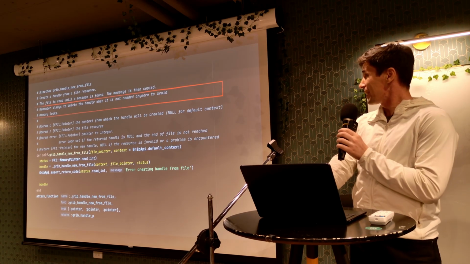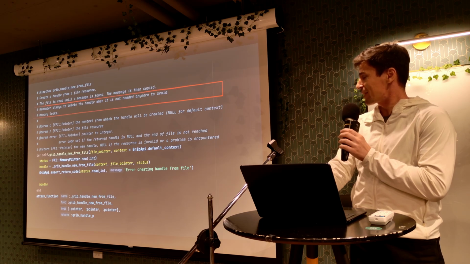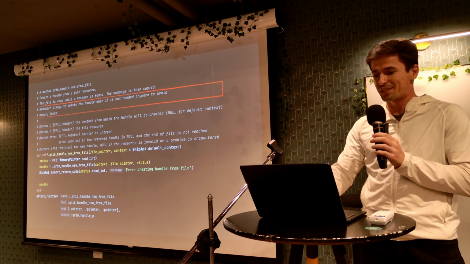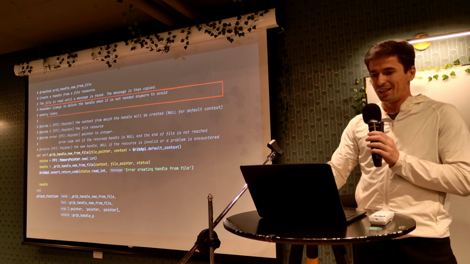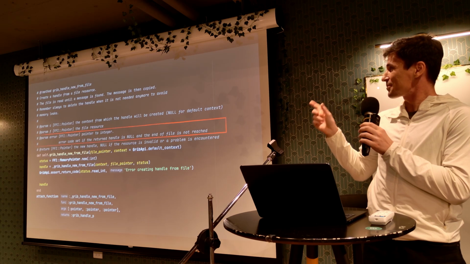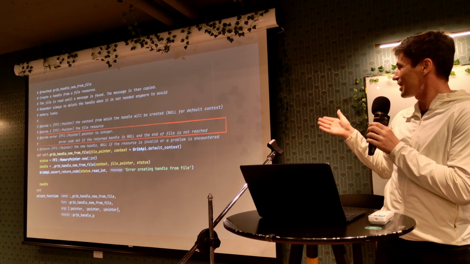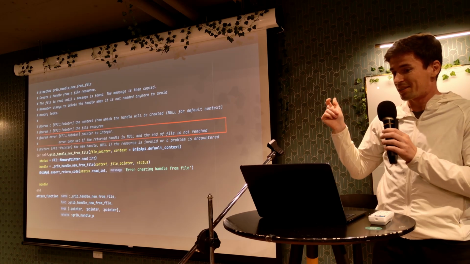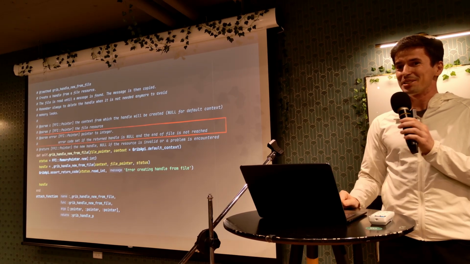There are two more things that were an obstacle for my attempt to get data from a file. And this says, error is set if returned handle value is null and the end of the file is not reached. And hello, output parameters.